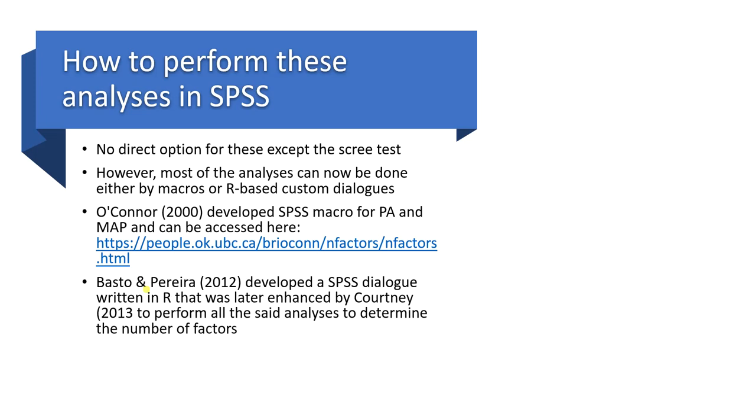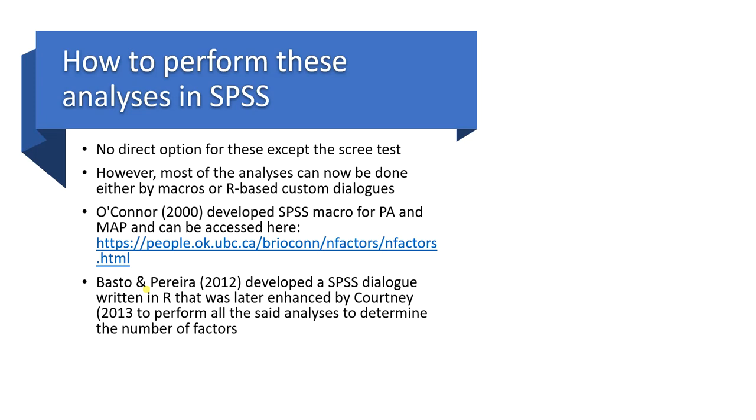But in 2012, Basto and Pereira developed an SPSS dialog written in R. So now SPSS supports R also, and the R package can be installed in SPSS. So based on that R component, they developed a custom dialog that can be installed in SPSS.